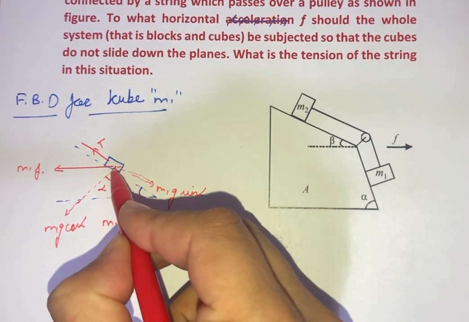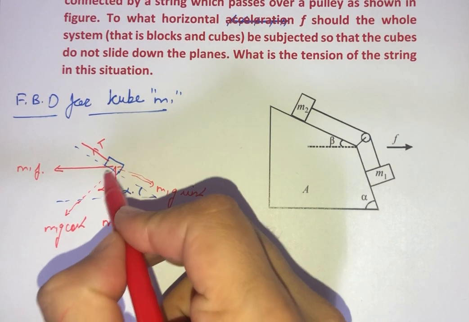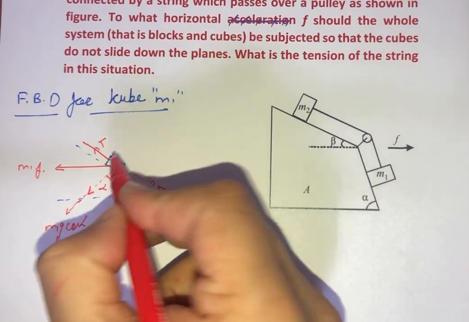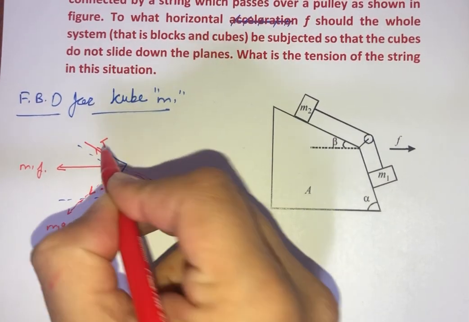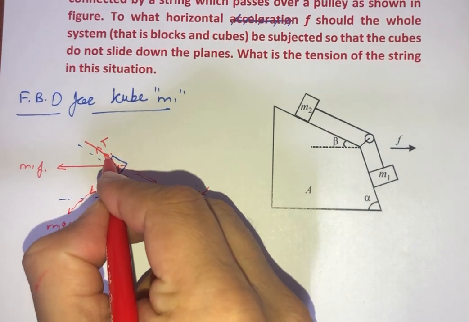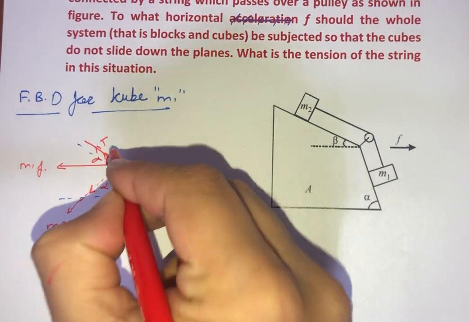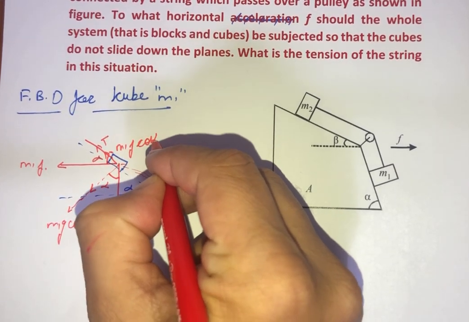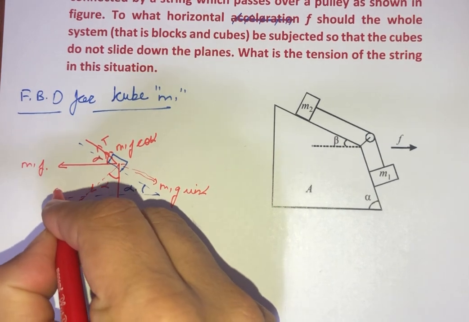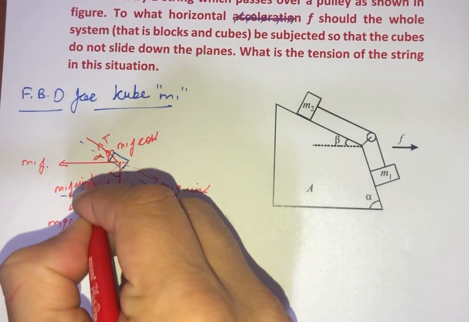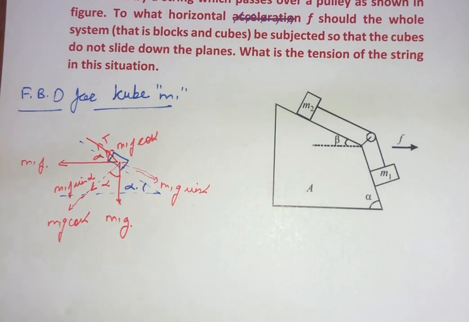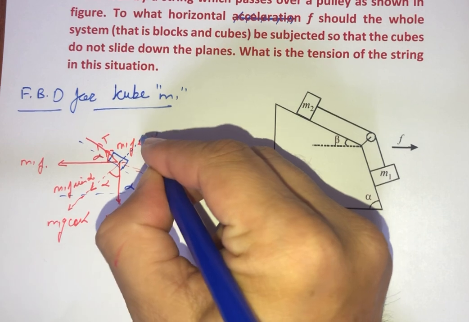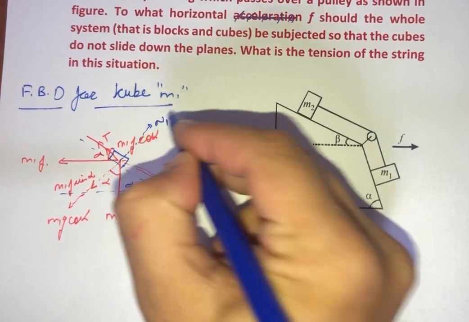Now this m1f can be divided into two components. The first will be in this direction and the second in this direction. So this is our angle alpha. We get m1f cos alpha towards here, and m1f sin alpha, and there will also be a normal force acting in this direction. Let us call this n1.